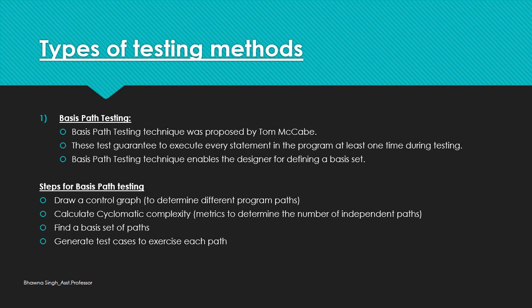This cyclomatic complexity has a particular formula in which we calculate the number of nodes and number of edges, and with the help of these edges and nodes present in the program, we'll be able to calculate the cyclomatic complexity. Then on the basis of that, we'll be able to find a basis set of paths, and then we generate the test cases that will be used to exercise, or execute, each path, or you can say every statement that is present inside the program.